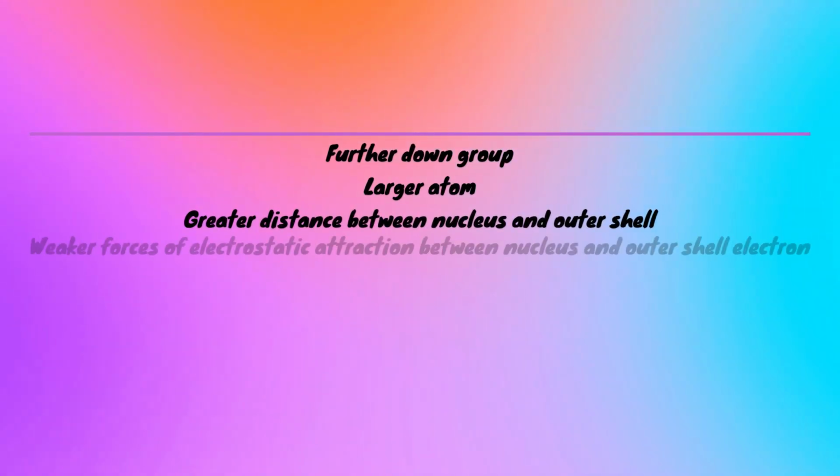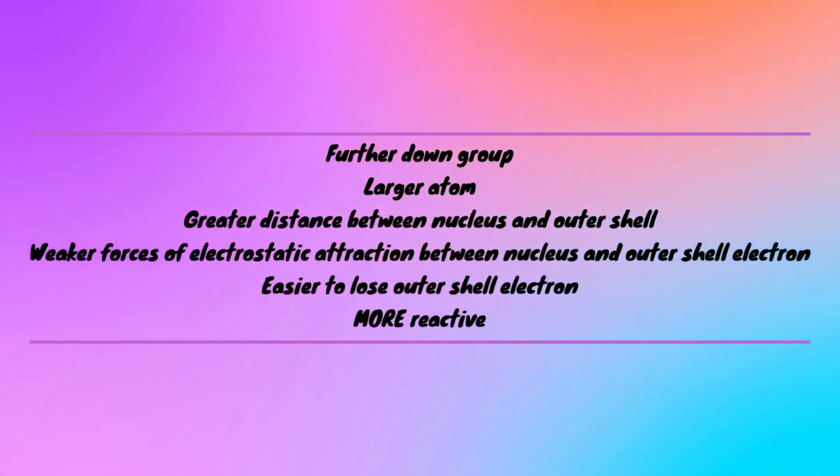The next thing to be thinking about with alkali metals is this concept of shielding, as well as the reactivity trend. So we need to know that when you go down the group, so the further down group 1 you get, the more reactive these elements will become. And this is because as you go down the group, you've got larger atoms.